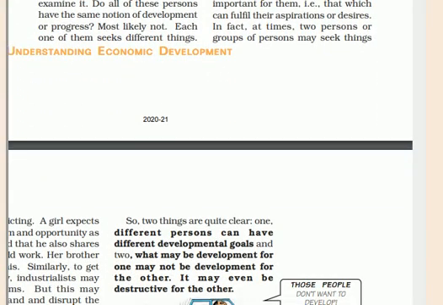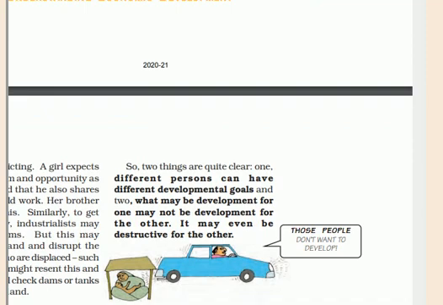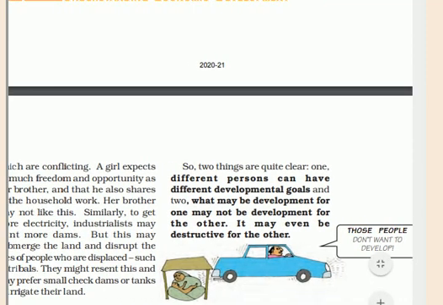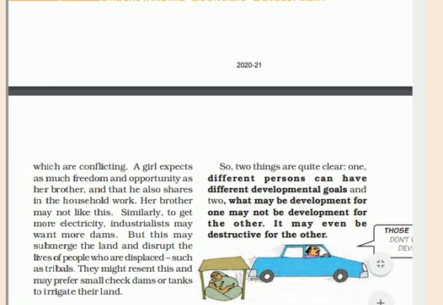So our next point is this: different people have different development goals. What may be development for one may not be development for others. It may even be destructive for the others.